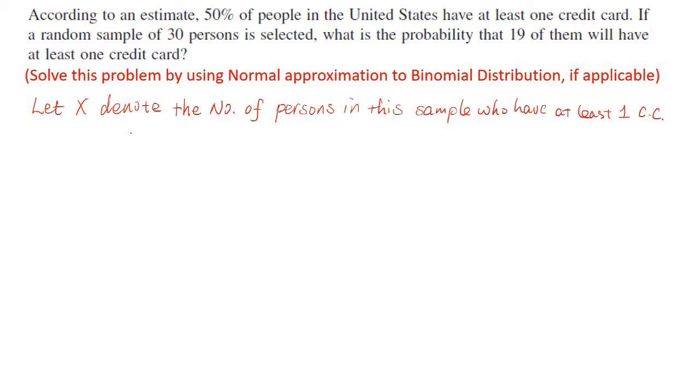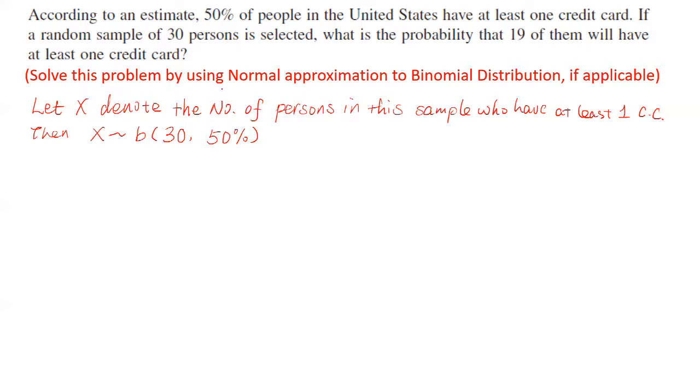Then we know that X yields to a binomial distribution, right? Why? Because we conducted 30 trials, and in each trial, the probability of the person having a credit card is always 0.5. So X here strictly yields to a binomial distribution.